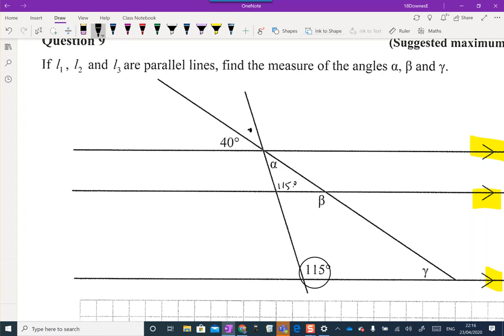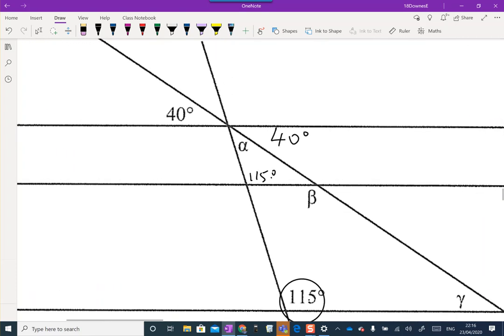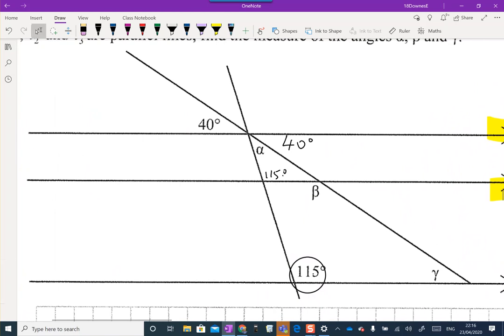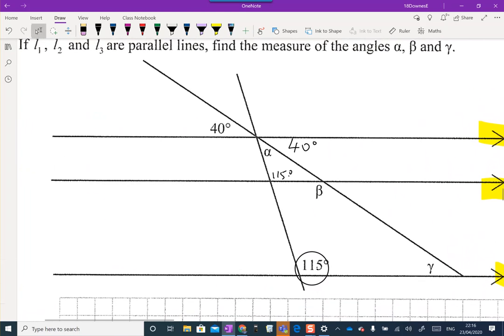Quite tricky, isn't it? So I know this is 40. So what I'm doing is I'm writing in any information that I've discovered. Is there any other information given above? No. So let's be very honest, this is a difficult question.